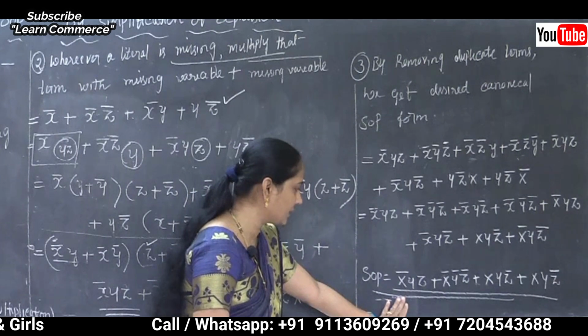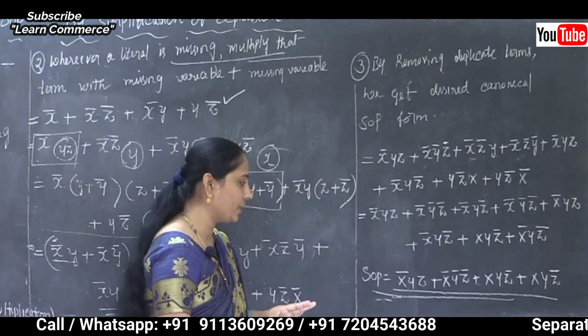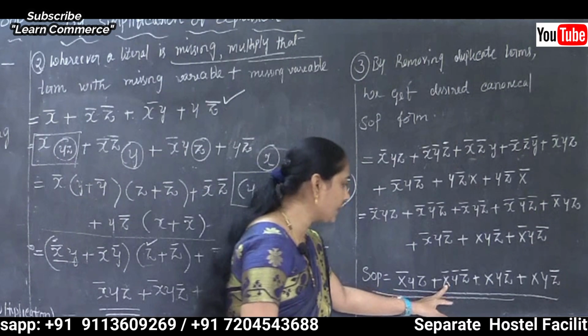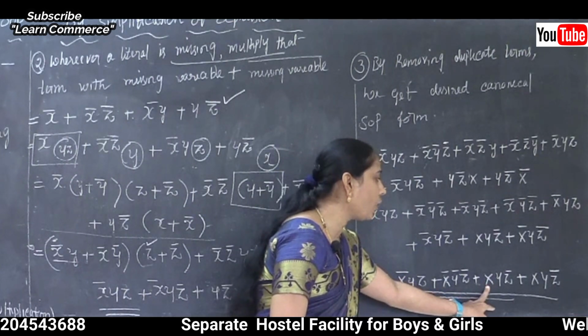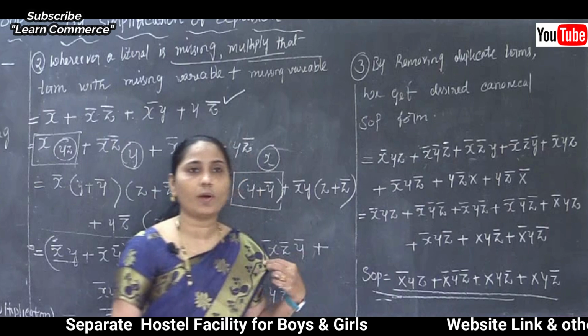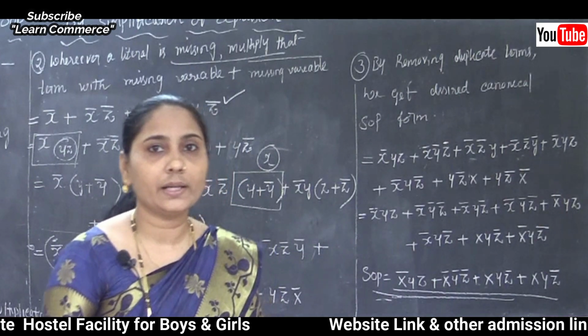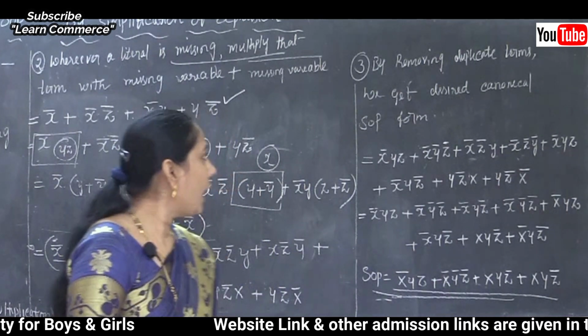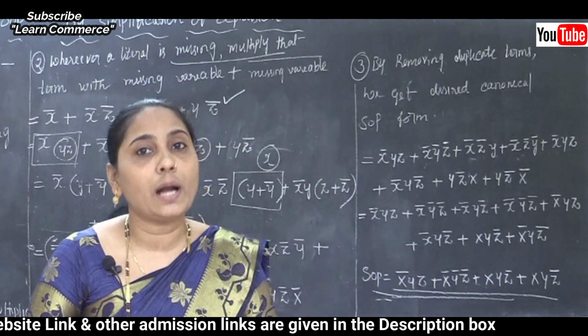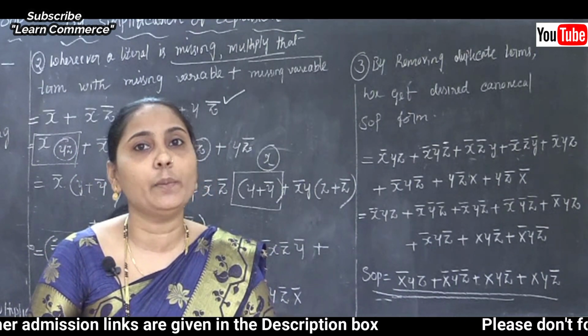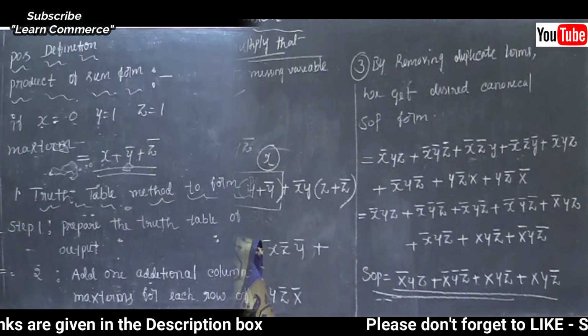So the result is complement x, y, z plus complement x, complement y, complement z plus x, y, complement z plus x, y, complement z. Clear this point here? So this is our algebraic method. By using some rules we need to complete such programs or methods or examples.